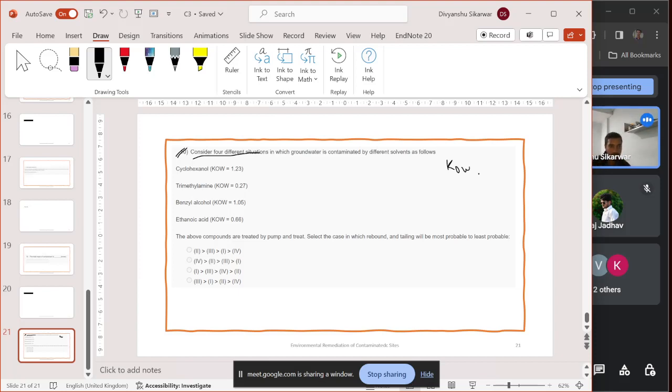So how can you determine that information from KOW value? How much a particular contaminant is soluble in water. The more the solubility, the lesser the tailing, right? Lesser number of pumpings we have to do. So how is solubility connected to KOW value? Lower the KOW value, higher the solubility.